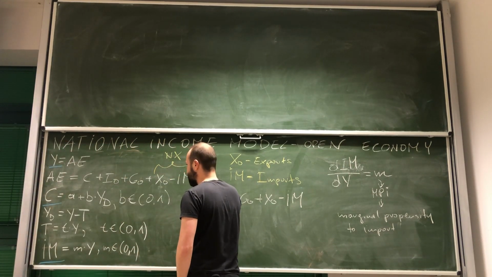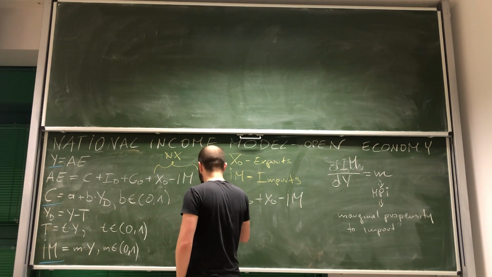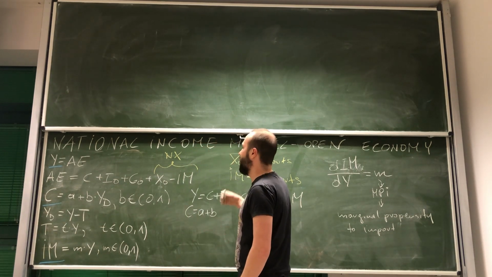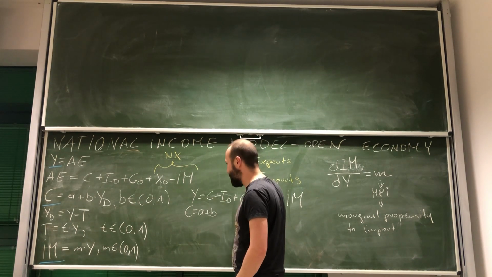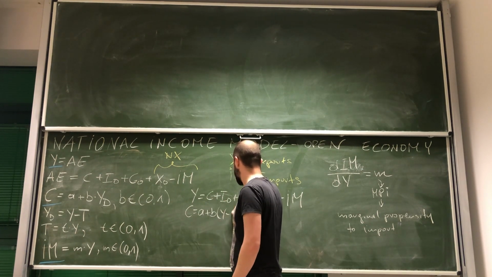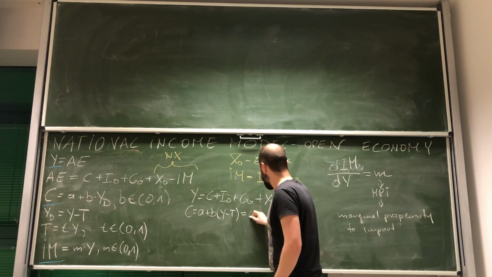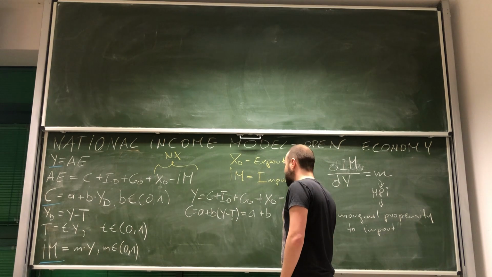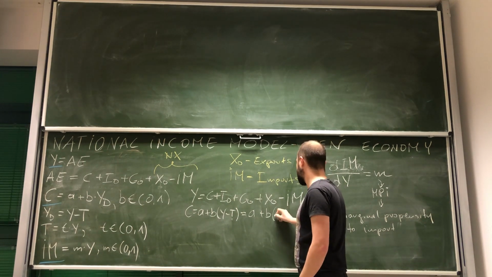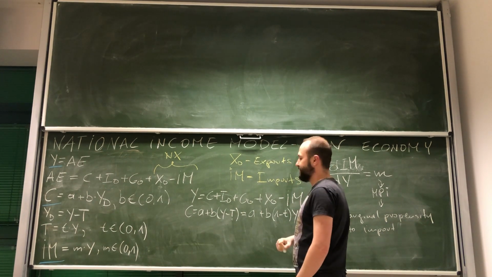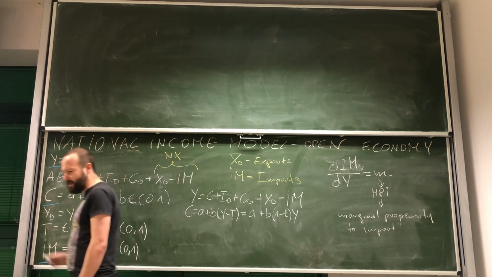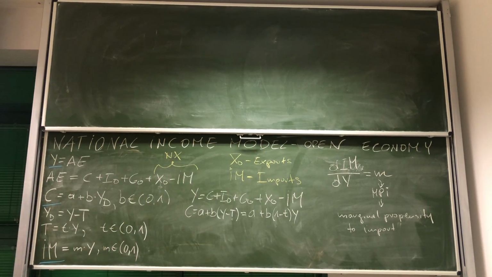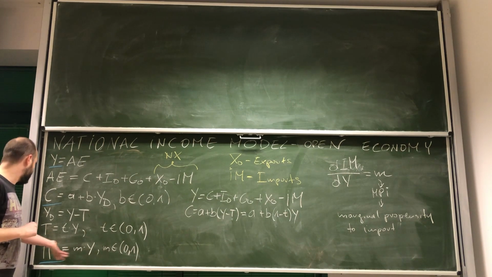So we've got c equals a plus b times yd, which is equal to y minus t. Okay, let me just write it. But then, when I substitute for t, the third equation, I'm going to get b times (1 minus t) times y.